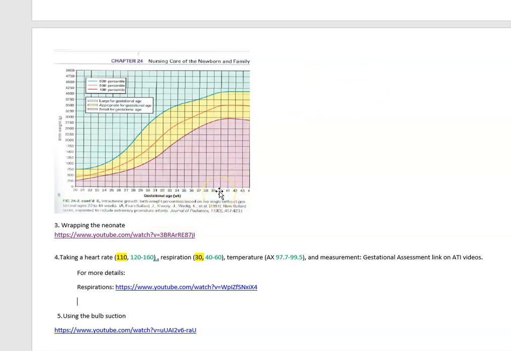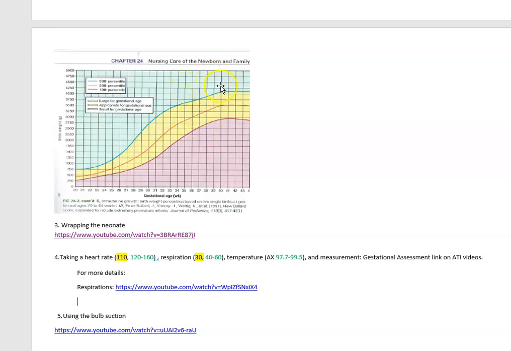We would put a vertical line here, which would be our gestational age from the exam. And then we would take a horizontal line plotting their weight. So let's say that the baby was 3,000 grams. A baby that was 40 weeks and 3,000 grams would be within the yellow line, which is average for gestational age.